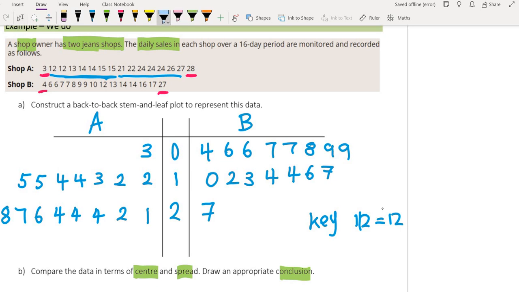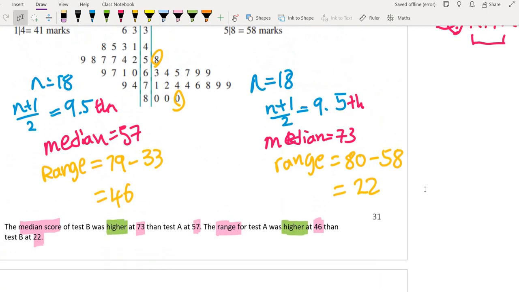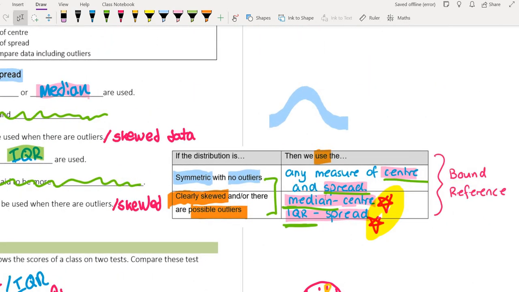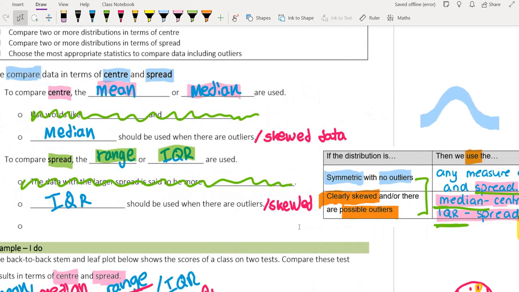So for stem and leaf plot, I always like to do an outline for each part of the stem and leaf and see what shape it takes. So it's pretty clear they're both skewed. So for this one, you will have to use the median for center and IQR for the spread.